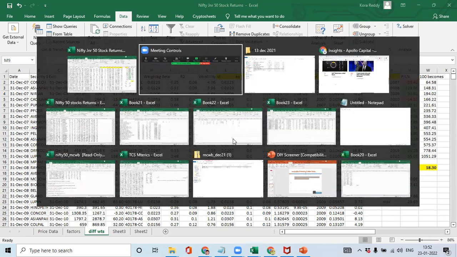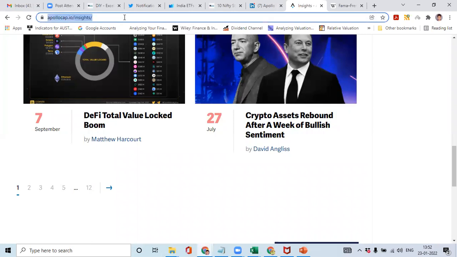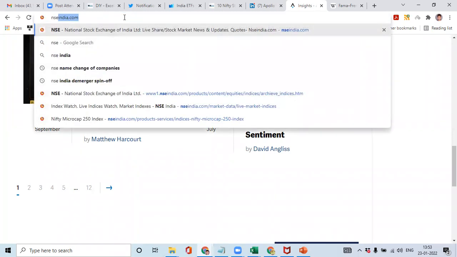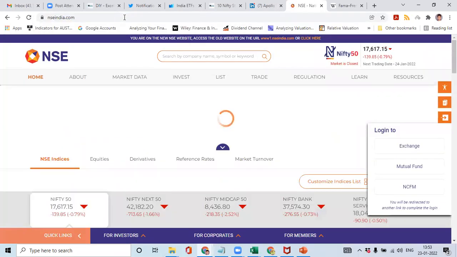In the screener session, generally I'm a fan of running a few screeners. There are thousands and millions of screeners that you can run because you have the data. NSE gives you various strategy indices.